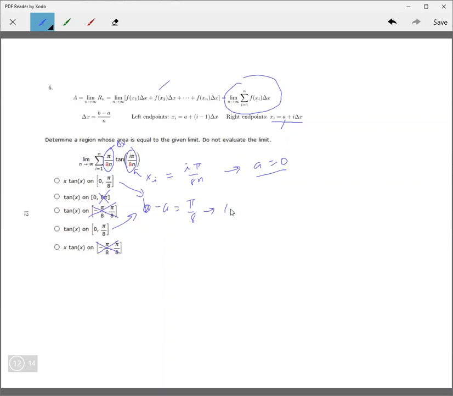That would give us a delta x of pi over 8 divided by n, which is pi over 8n, which is right here. So that's consistent with that. And that would mean our xi's would be 0 plus pi i over 8n, so pi i over 8n would be this. These would be our xi's right there. So it's going to be this last one.